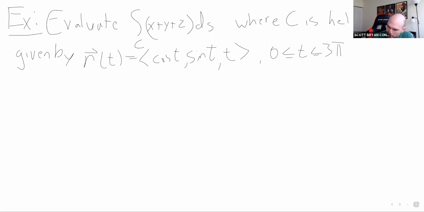So what we need is we're going to replace x, y, and z with the parameterizations, and then we're going to need to change ds to magnitude r prime t dt. So let's calculate magnitude r prime t.